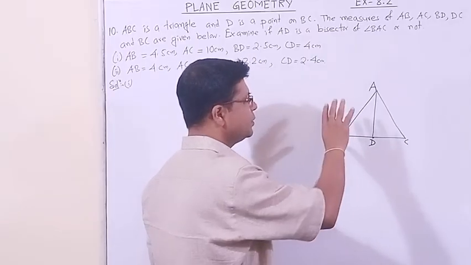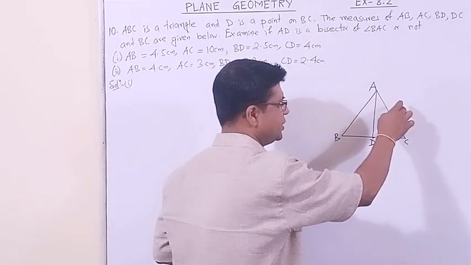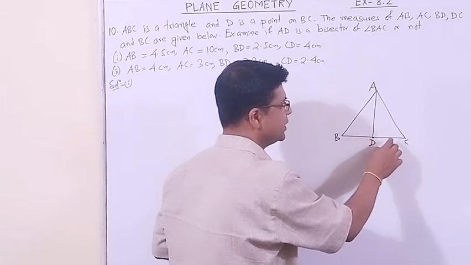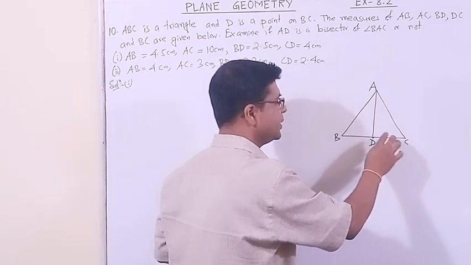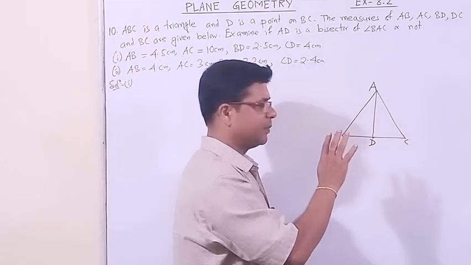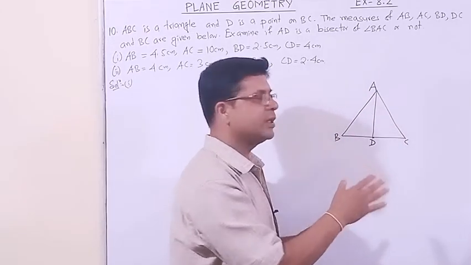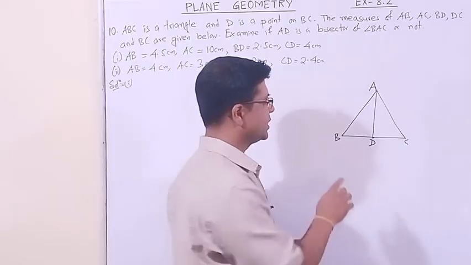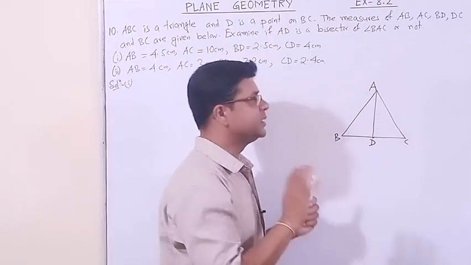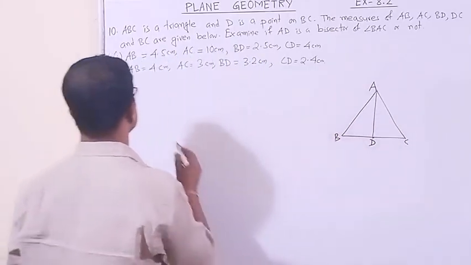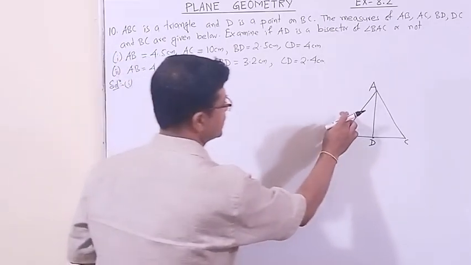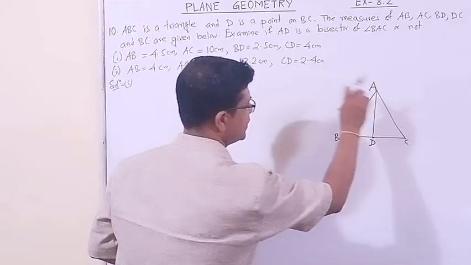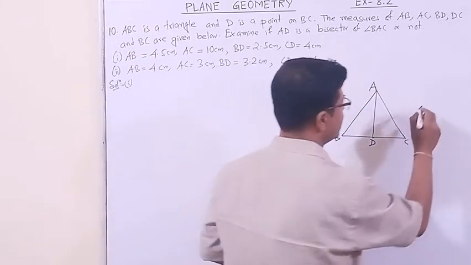So we shall check if the ratio of this is equal to the ratio of this or not. If the ratio of this by this is equal to this by this, then obviously this is the angle bisector. If the ratios are not equal, then it is not the angle bisector of angle BAC. This is the procedure we are going to apply. Number 1, let us do. At first we shall find the ratio of AB by AC.